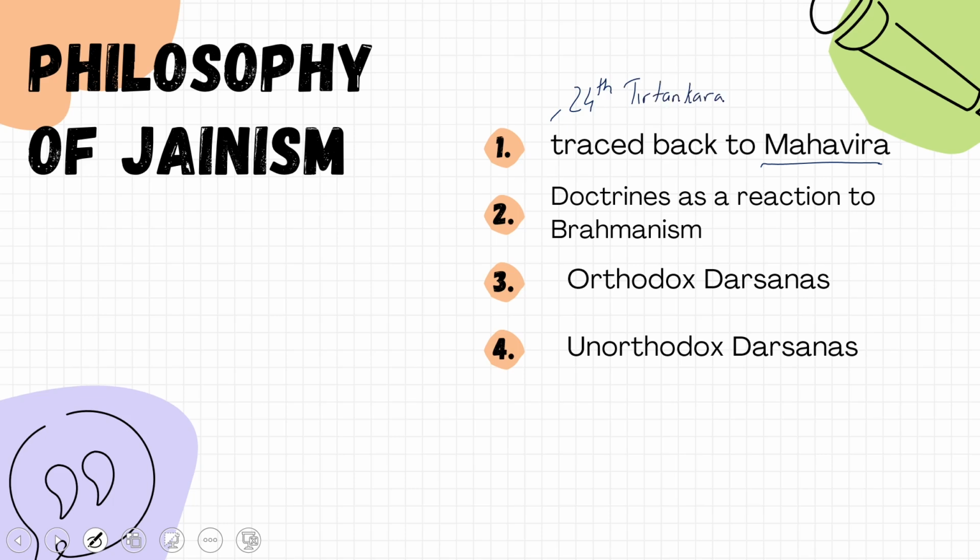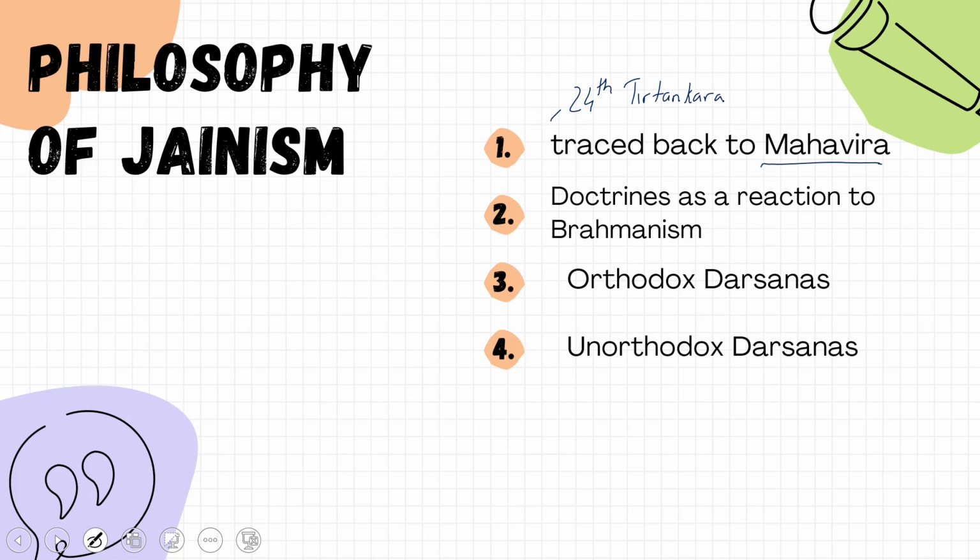So we all know that he was the one who in a way put together everything of the 23 Tirthankaras before him and in a way solidified or made things unified in that sense.